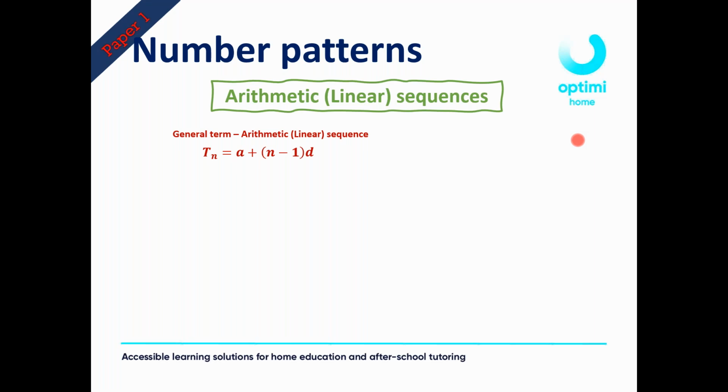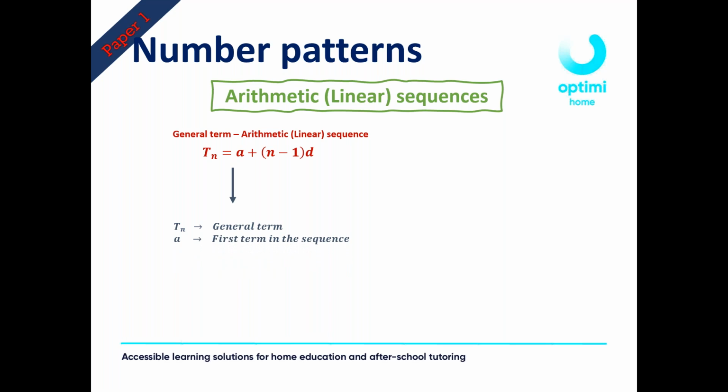So let's just define all of the symbols in this equation. Tn, I already said, is your general term. And the general term is just a fancy word to say they want to know the formula of this sequence. Which formula actually represents this sequence?